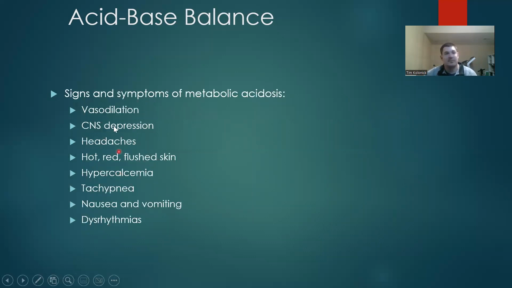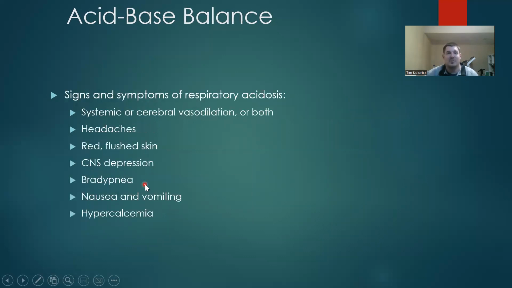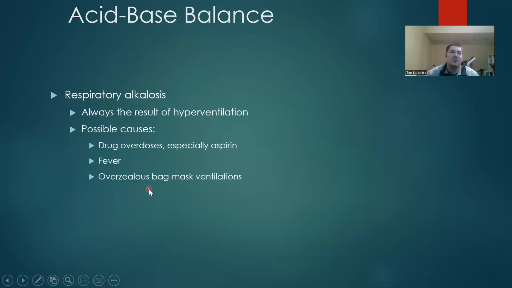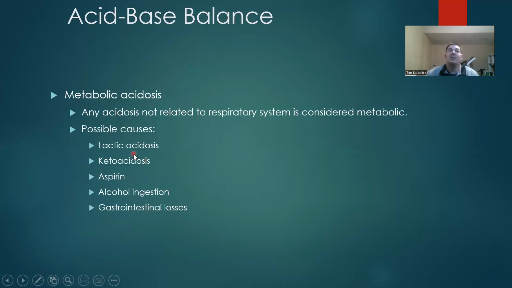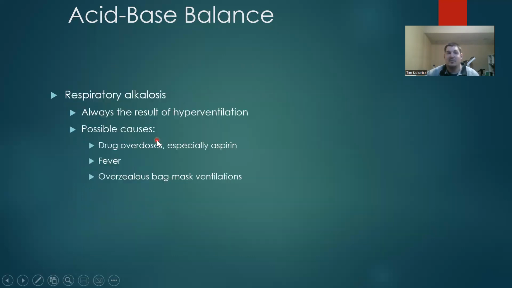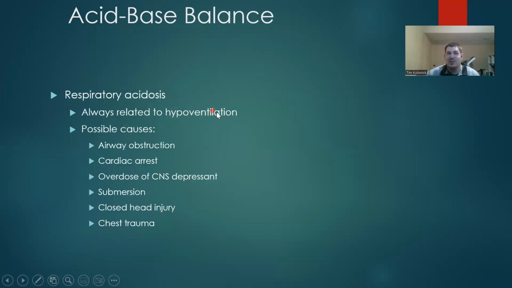Okay. Again, vasodilation, mental status changes, headaches, flushed skin, hypercalcemia, fast breathing, nausea, vomiting, and dysrhythmias. Okay. So if you look at this compared to the respiratory acidosis, not a ton are different. The way you're going to be able to see that is if your end tidal is high, because again, it's generally hypoventilation.